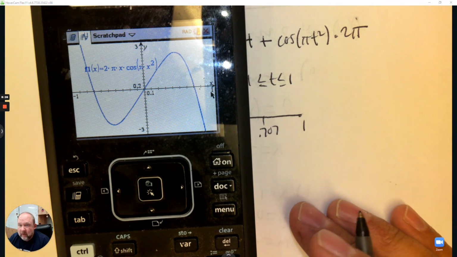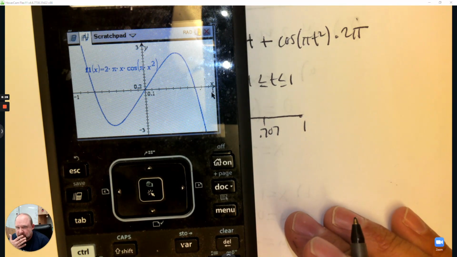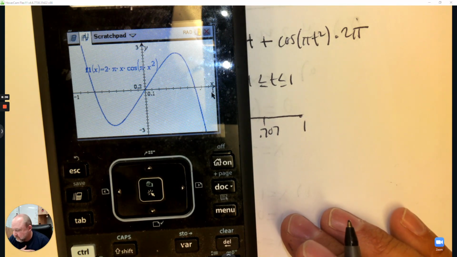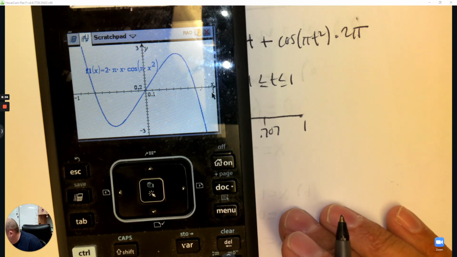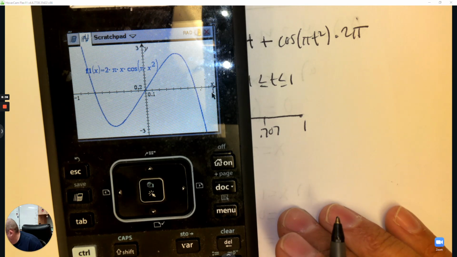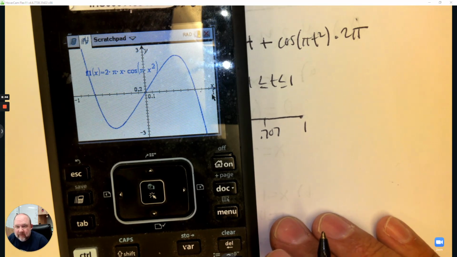Awesome. So we already have some values there. Oh, it's positive and negative.